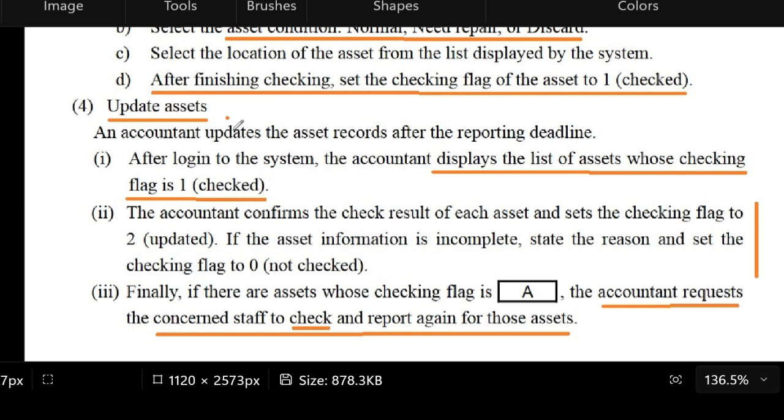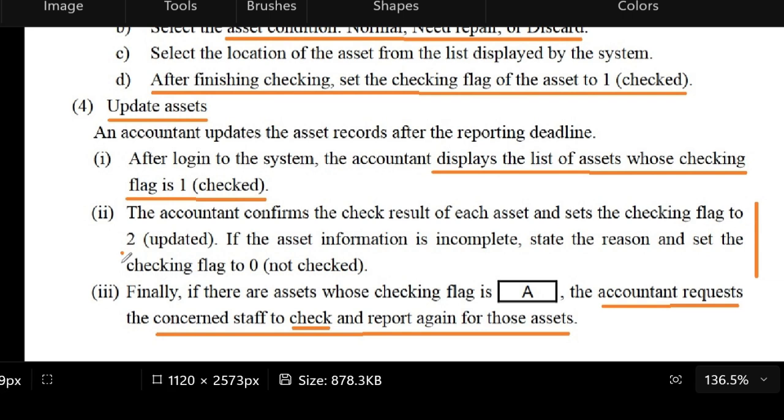Well, actually, it depends also on whether the asset needs to be rechecked. The fourth step is updating the assets. We have here the list of assets whose checking flag is 1, because we've checked them already. Then the accountant needs to confirm the checking result of each asset and sets the checking flag to 2.